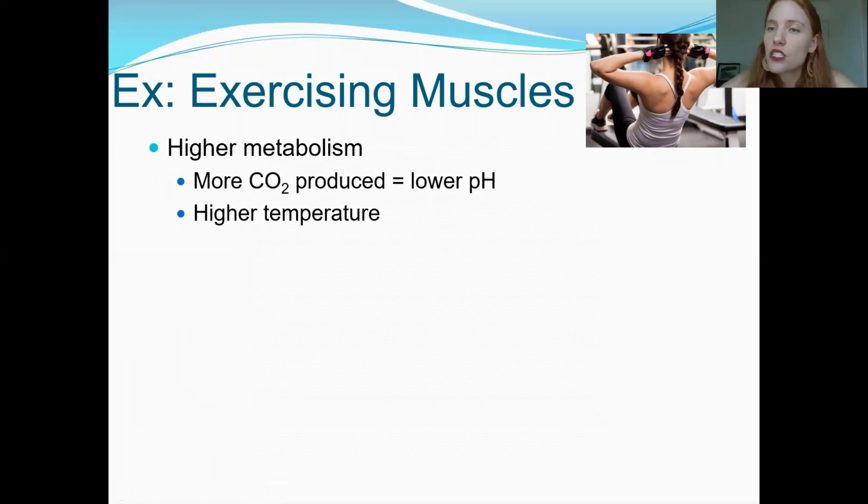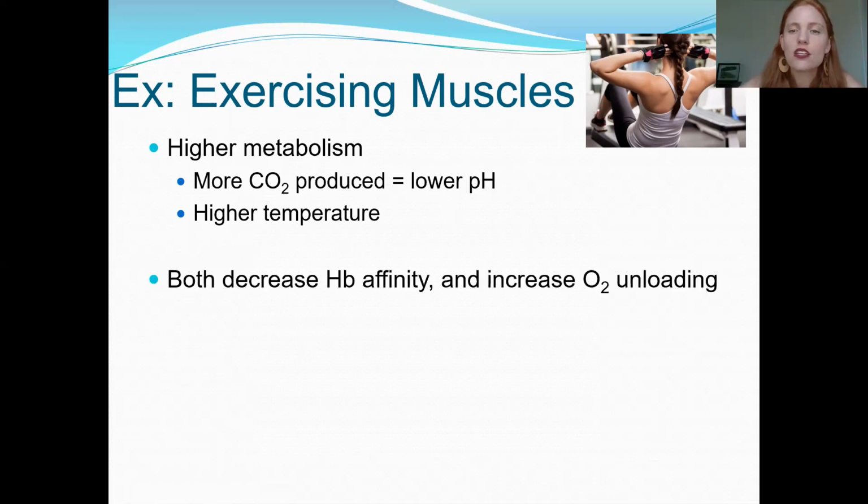Okay, so exercising muscles will be more acidic than resting tissues. And then the second thing that happens when you have higher metabolism is because of all of those little contractions, you're going to be breaking apart that ATP, that creates heat, right? You're producing heat. That's why you're hot when you're exercising. And so we're going to be both more acidic and warmer in those exercising muscles.